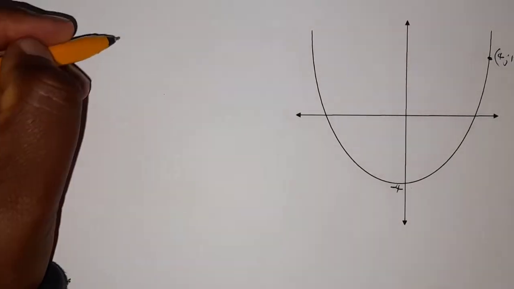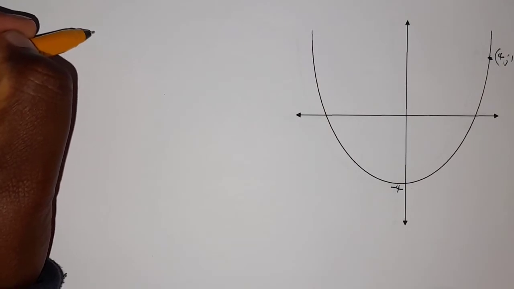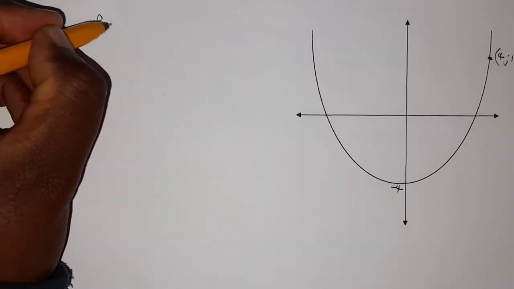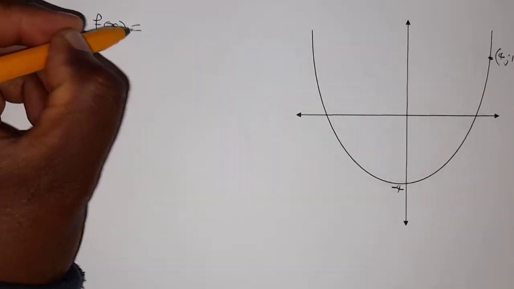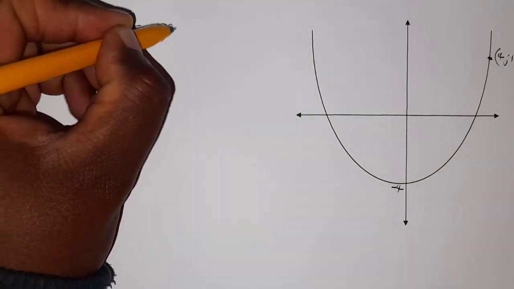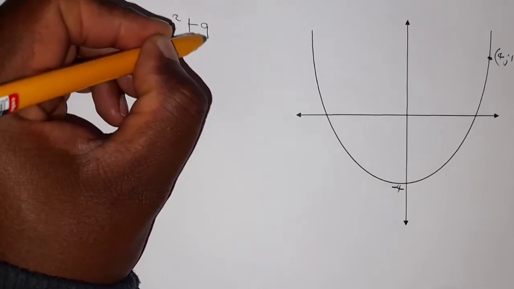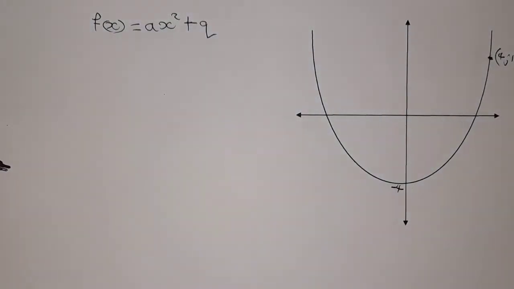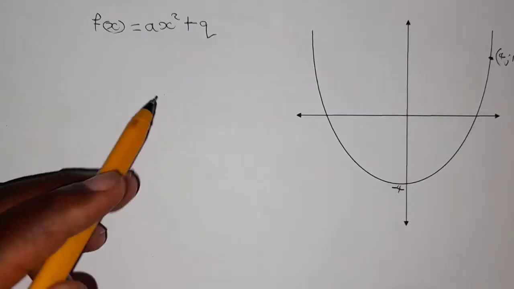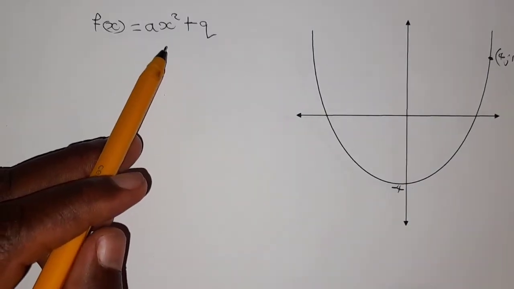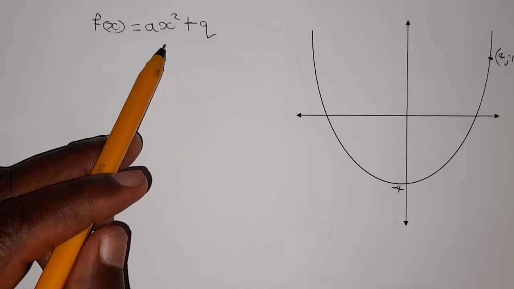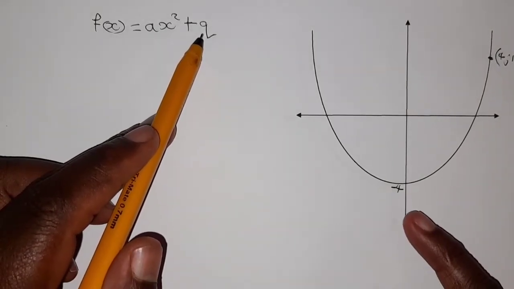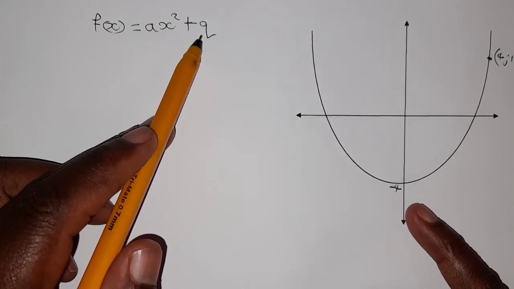You should know the equation here is f of x is equal to a x squared plus q, and our q tells us the vertical shift.